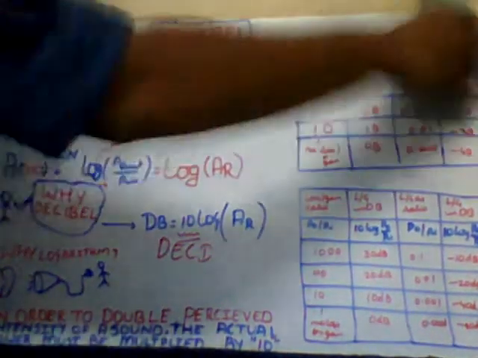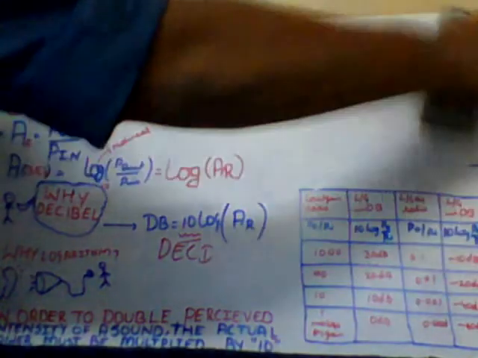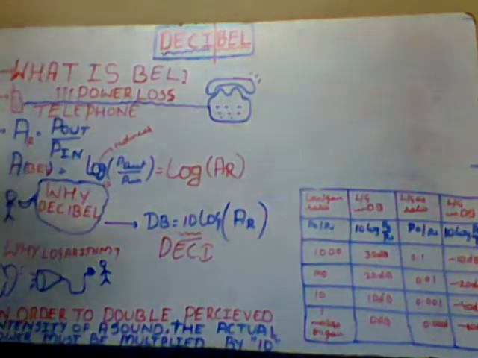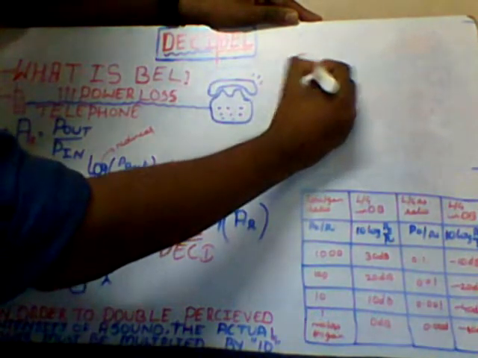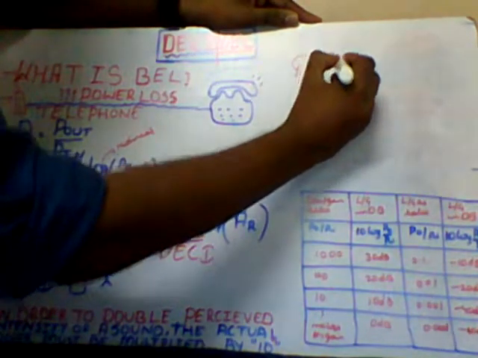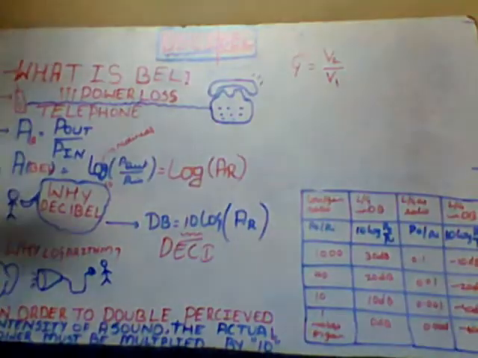Now, if you consider a two-port network, and if you consider the gain of the two-port network, the gain G is defined as the ratio of voltages, that is output voltage by input voltage.